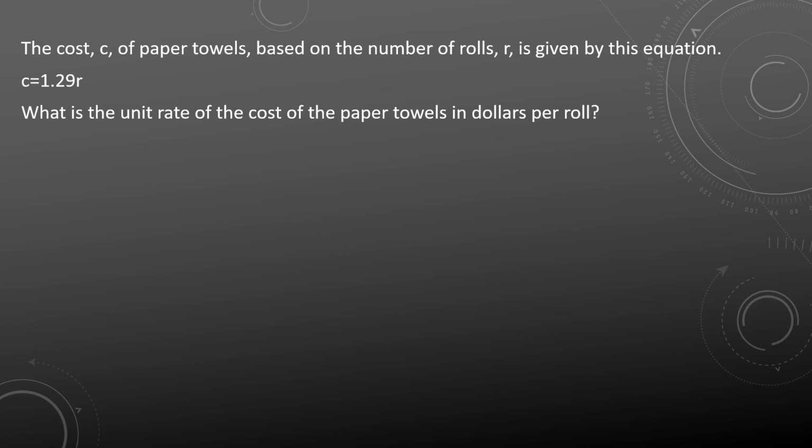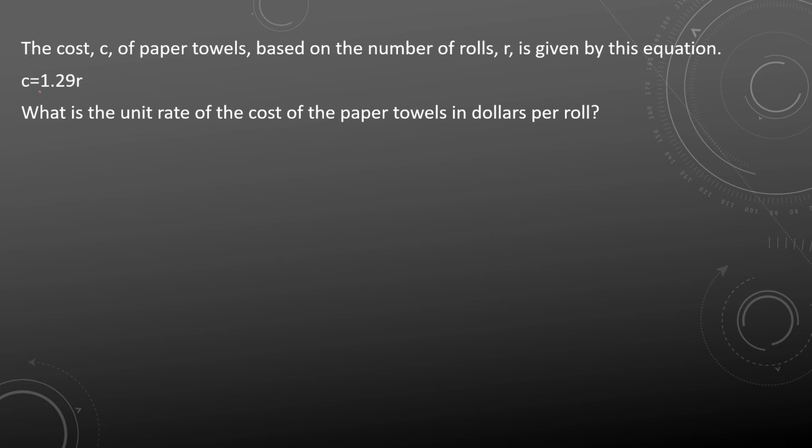Our next one says that the cost C of paper towels is based on the number of rolls given by the equation C equals 1.29R. What is the unit rate of the cost of paper towels in dollars per roll? So for these questions, when you are given an equation, your unit rate is whatever number is attached to your variable.